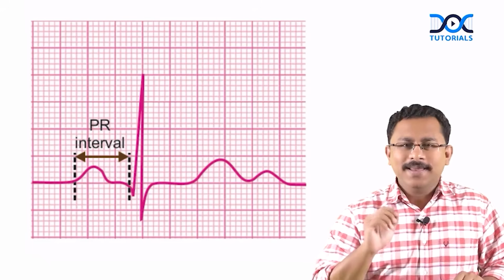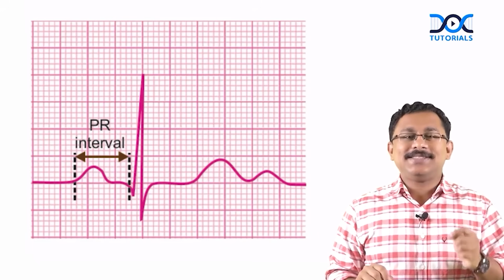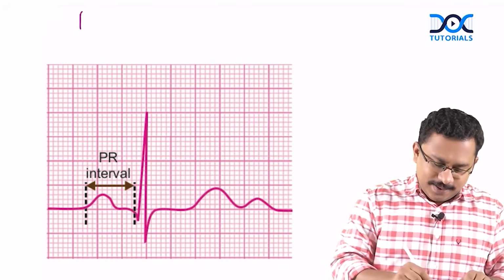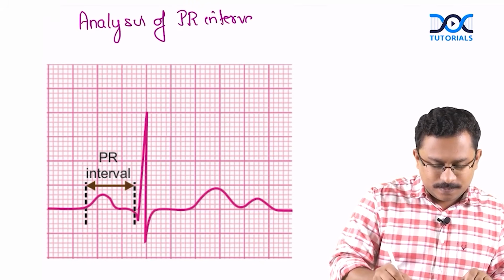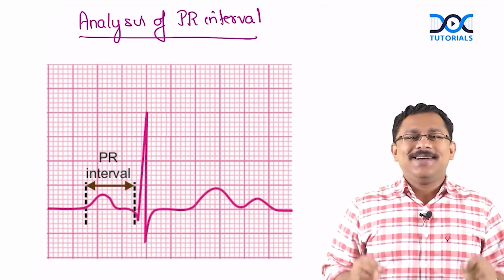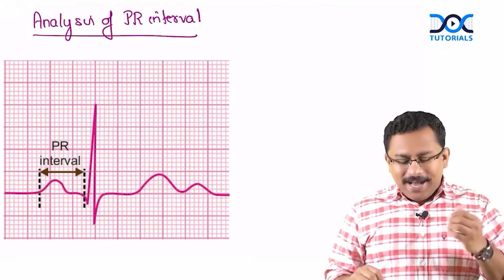The next step in ECG interpretation is the analysis of the PR interval. First, let's see what this PR interval is.